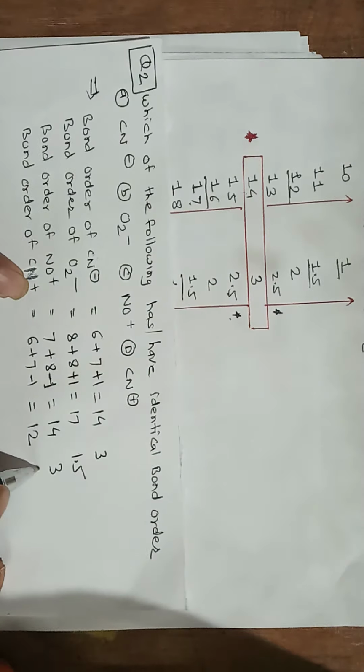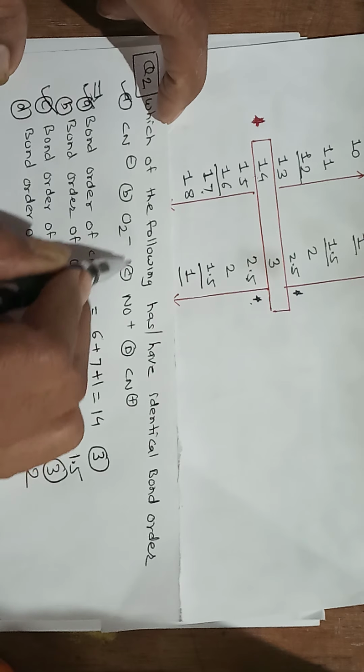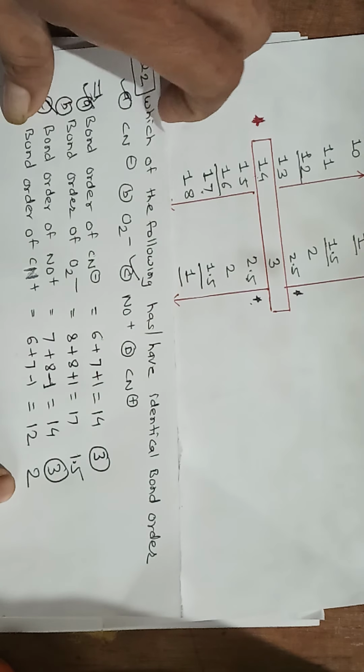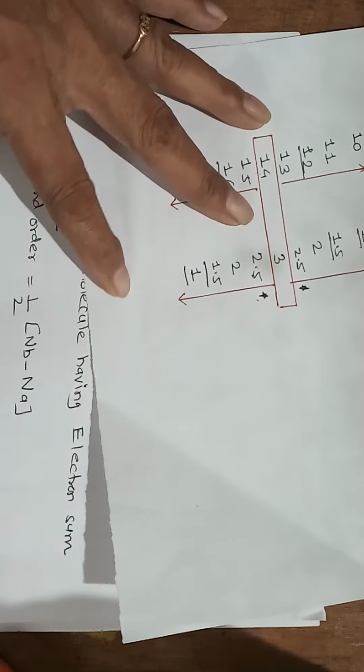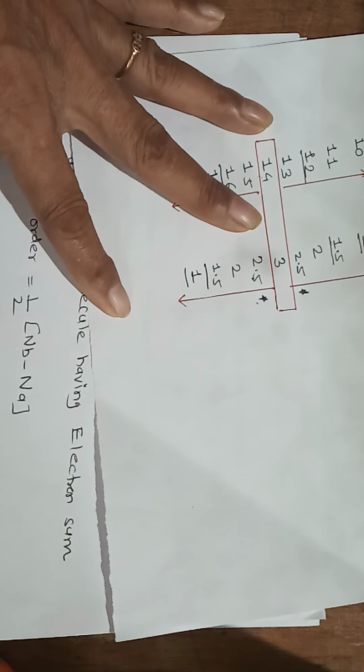You observe that these two bond orders are identical, so our answer is option A, option B, option C, and option D. So our two options are A and C. A and C have the same bond order. In this way, again within a few seconds we can solve this numerical.